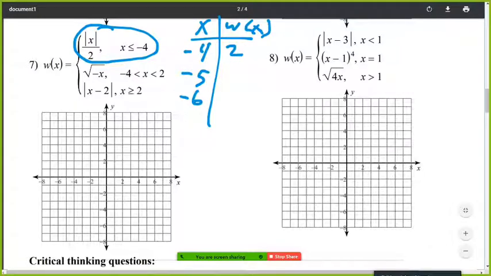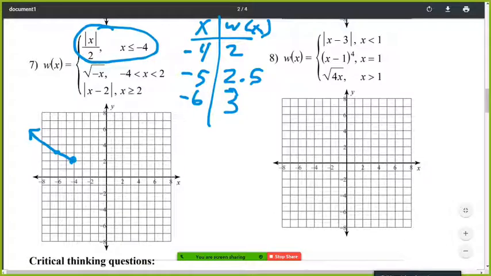And then the absolute value of -5, which is 5, divided by 2 would be 2.5. And then the absolute value of -6 would be 6 divided by 2 is 3. Alright, so now I'm just going to plot those points: (-4, 2), (-5, 2.5), and then (-6, 3). Alright, and then boom, there's our graph.